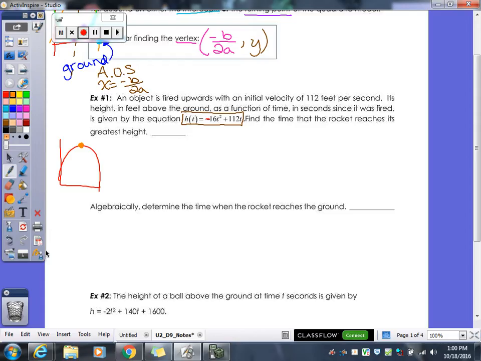So when it's asking you about time, time is always an x value. So you would have to use your negative b over 2a. That's how we find the x part of your vertex. Our b value here is 112, but I make it a negative 112 because of the formula being negative b. What's our a value? Negative 16, so I have 2 times negative 16 in our denominator there.